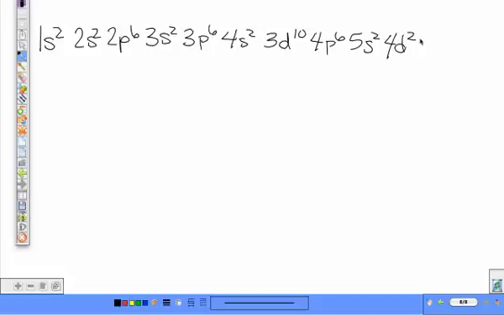The first D sublevel has to be 3D because the first time we get to D is when n equals 3, S, P, and D. So our first D sublevel has to be 3D. So 4S, 3D, 10. Then we go back up to 4P, 6. Then 5S2. And zirconium's right here, so we're at 4D, 1, 2, and then we stop.